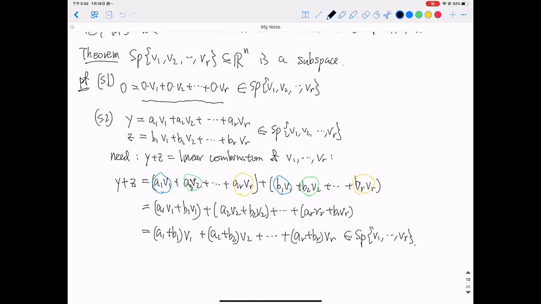Okay. Now, the last thing to check would be the property S3.